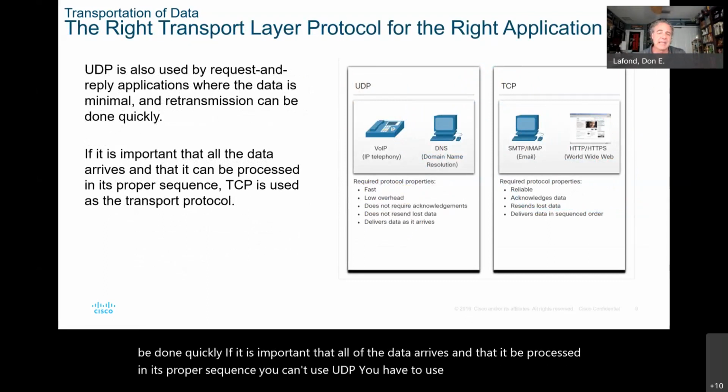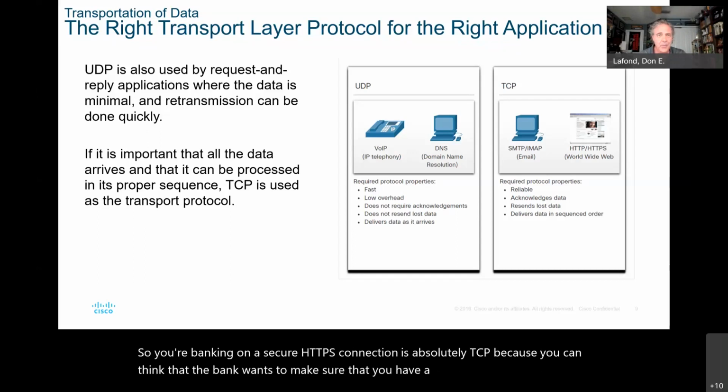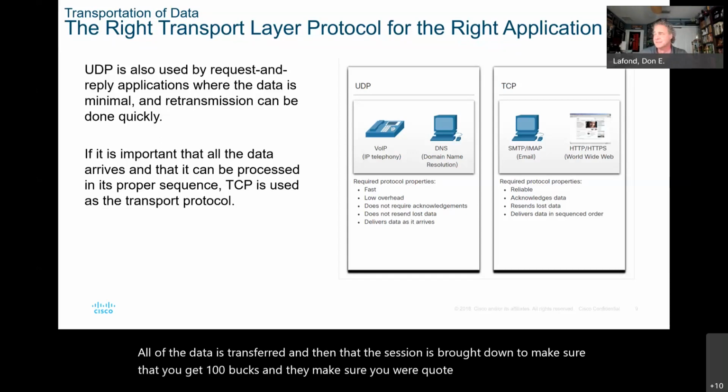So your banking on a secure HTTPS connection is absolutely TCP, because the bank wants to make sure that you have a session created, all of the data is transferred, and then that the session is brought down, to make sure that you get $100 and they record $100, right?